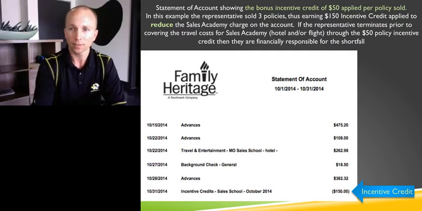But here's what happens: the company used to send people at 100% the company's cost, and there was no incentive, there's no charge on their corporate account whatsoever, and people took advantage of the company. They took advantage by going to the great training and then coming back and working with a different company.